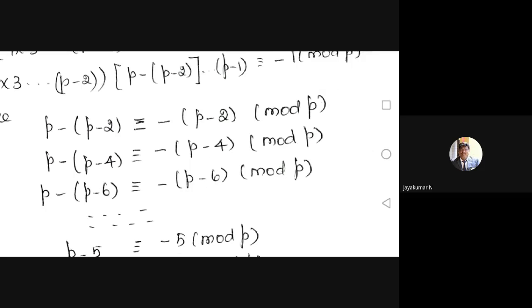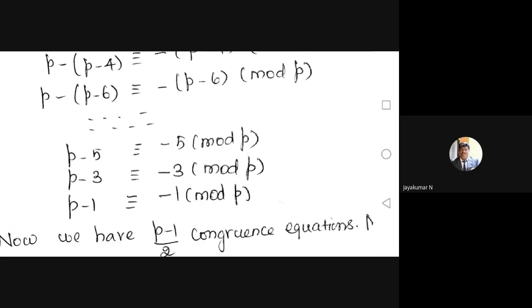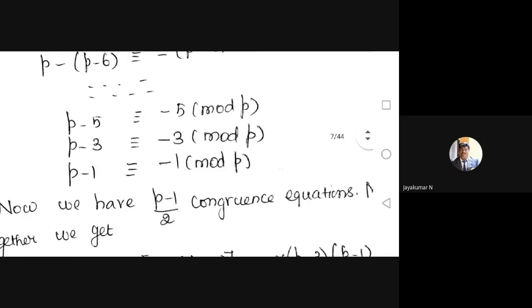Based on this, p minus of p minus 2 is congruent to minus of p minus 2 mod p. Then p minus of p minus 4 is congruent to minus of p minus 4 mod p, and p minus of p minus 6 is congruent to minus of p minus 6 under mod p. Like p minus 5 is congruent to minus 5, p minus 3 is congruent to minus 3, p minus 1 is congruent to minus 1 mod p.